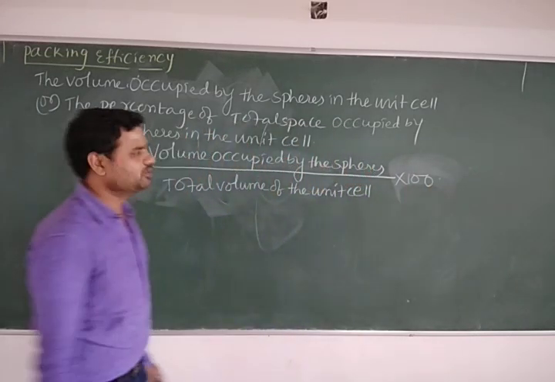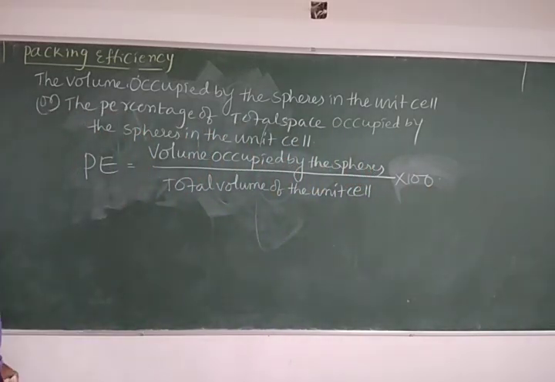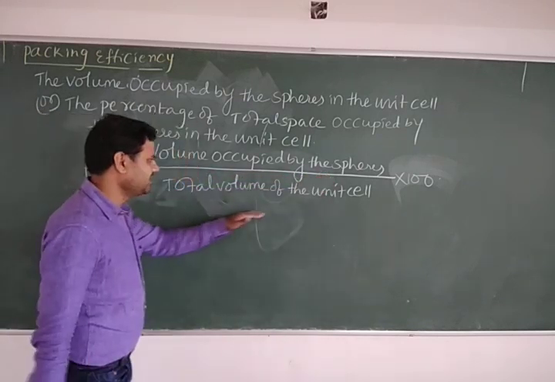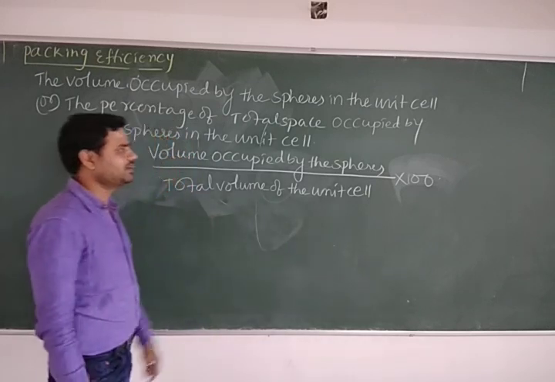So this is the formula used to calculate the packing efficiency. Once again I am repeating the formula: volume occupied by the spheres by total volume of the unit cell into 100. So this formula we are applying.